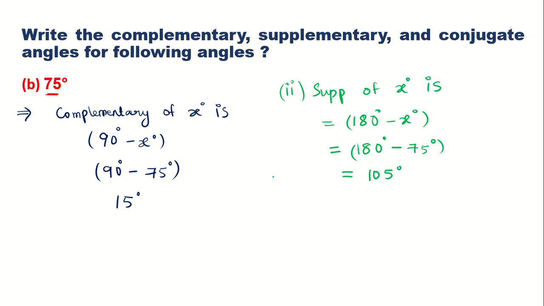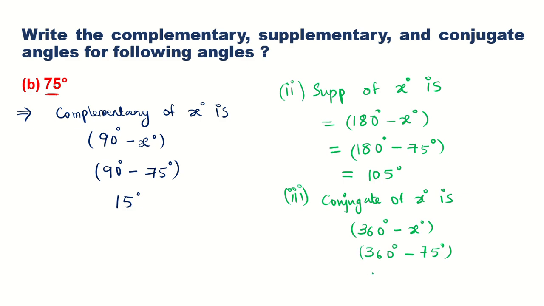Similarly, we'll find the conjugate. The conjugate of x degrees is 360 degrees minus x degrees. 360 minus how much is x? 75 degrees, right? What will you get here? 360 minus 75 is 285 degrees. So, these are the angles when x is given.